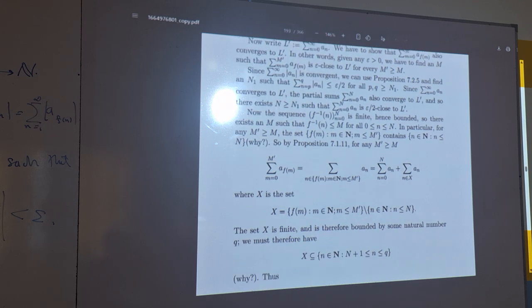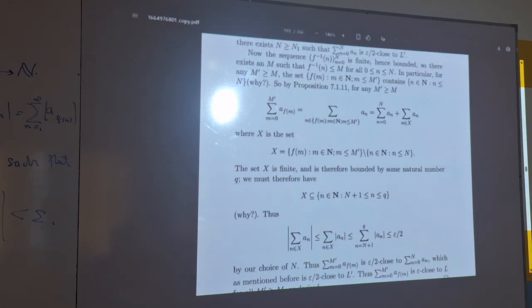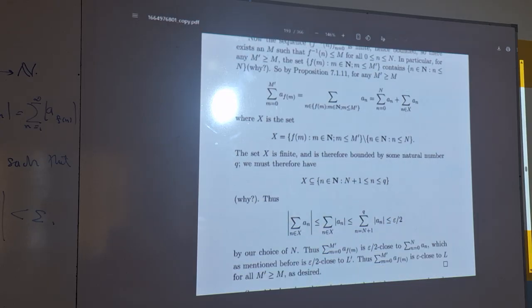So the set x is finite and is therefore bounded by some natural number q. We must show that x is a subset of the set of all n belonging to N such that n plus 1 is less than or equal to n less than or equal to q. Why, you ask.